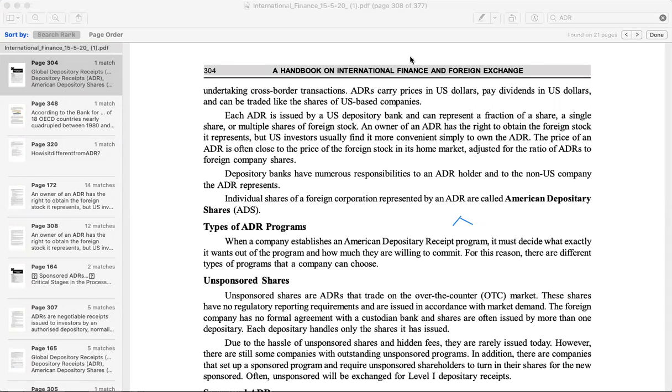I have sponsored, unsponsored, right? I have sponsored and unsponsored types of ADRs here.